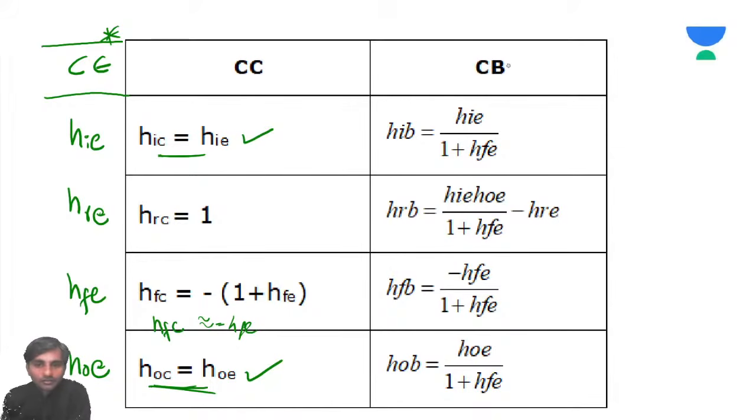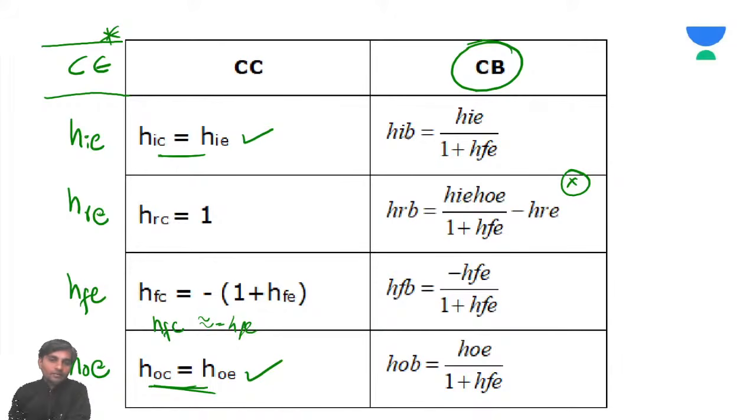Now let's come back to the important things of the common base configuration. The only thing you need to remember is, except HRB, for all other cases it is very simple: just divide by 1 plus HFE.